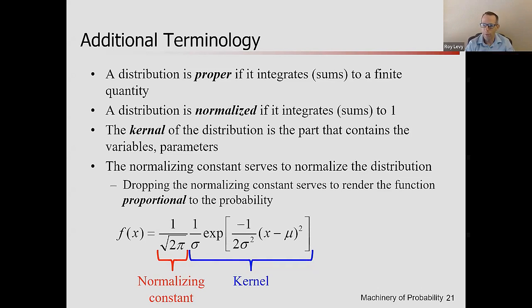If I write this by dropping the normalizing constant, I got rid of the term bracketed there in red. What I have is not quite equal to a probability distribution, but is proportional to a distribution. This little funny sign is proportional to. We're going to use this a lot later on, really starting tomorrow.